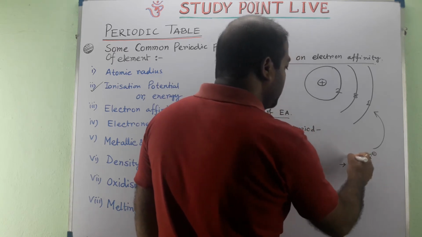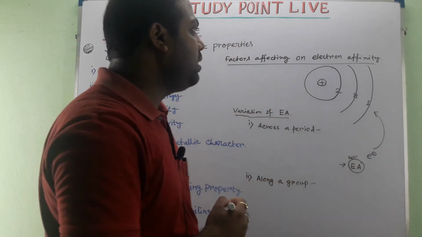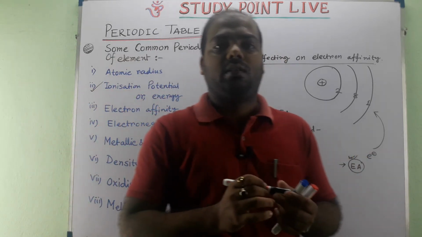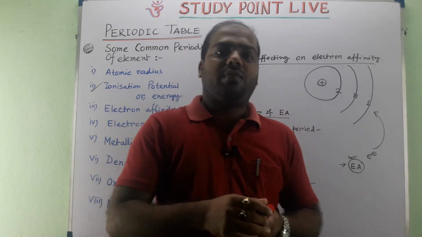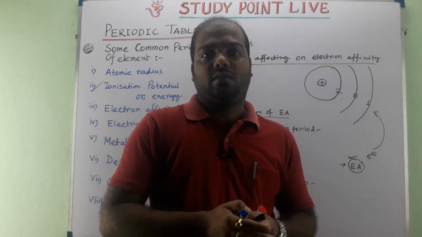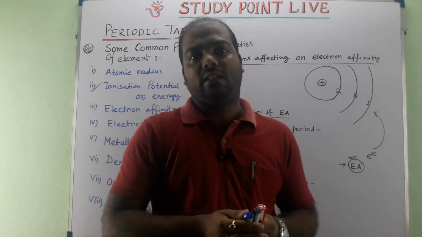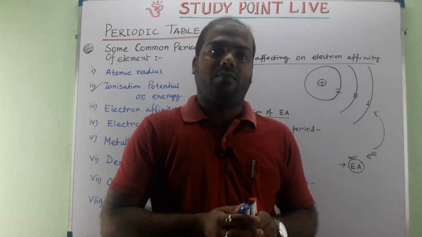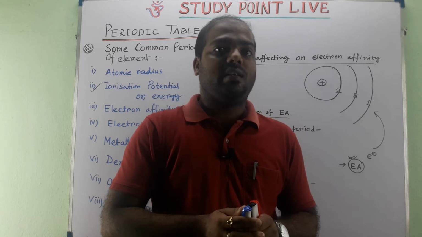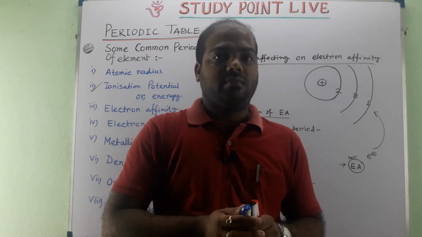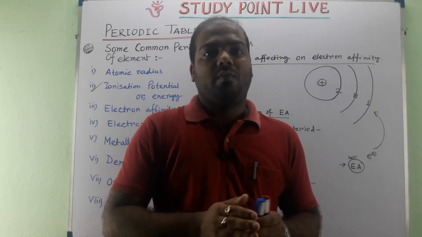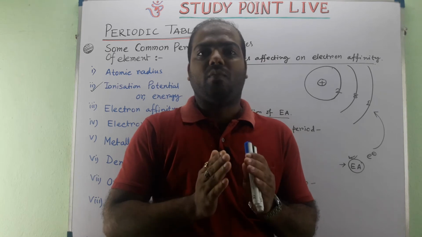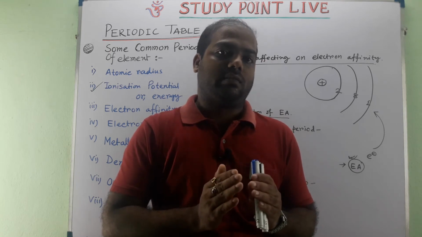So the definition of electron affinity will be the amount of energy released when an electron is added to the last shell of an isolated gaseous atom to make it a mononegative anion.